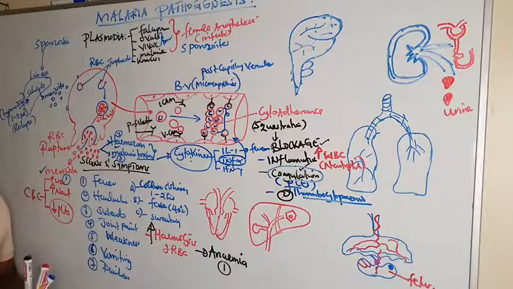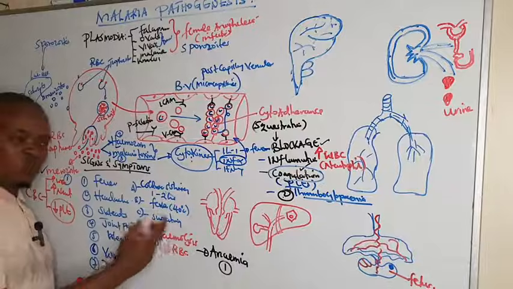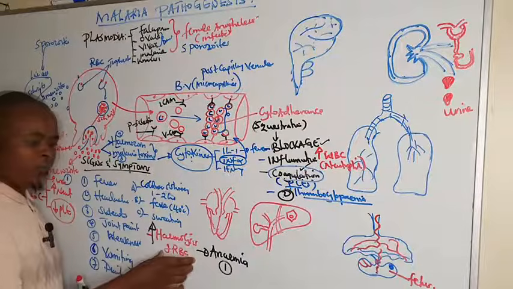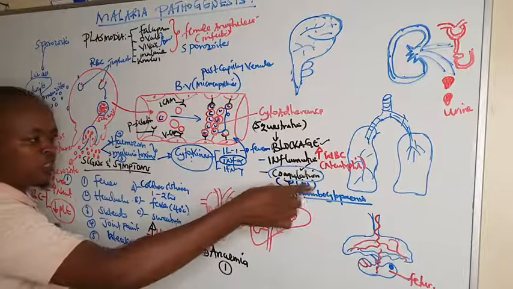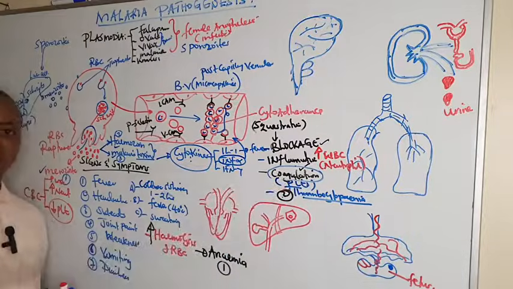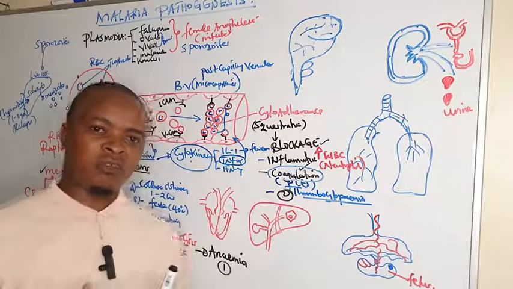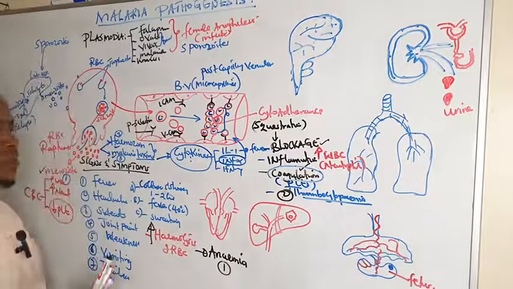After seeing that one, another cause of anemia and thrombocytopenia, apart from increased destruction of the red cells and increased usage of the platelets, can also be the blockage or inhibition of hematopoiesis.